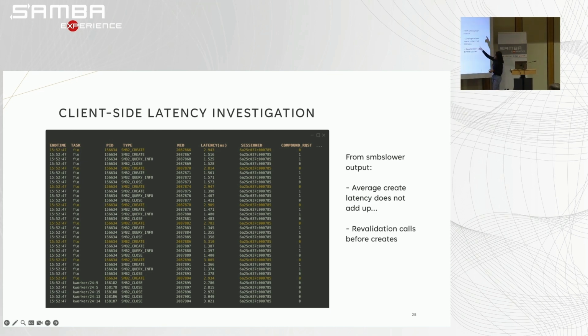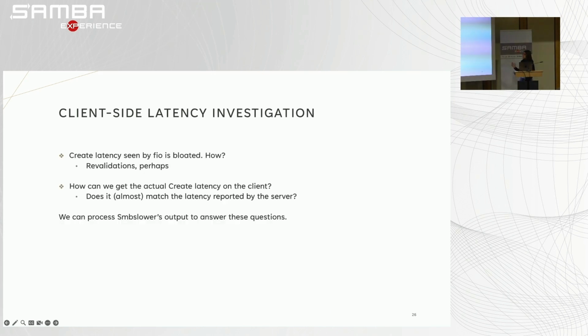So from the SMB slower output, we can see that the average latency from create maybe doesn't add up, but we won't know until we aggregate all of them. And there are revalidation calls that are happening before some create operations. So there are some questions to be answered.